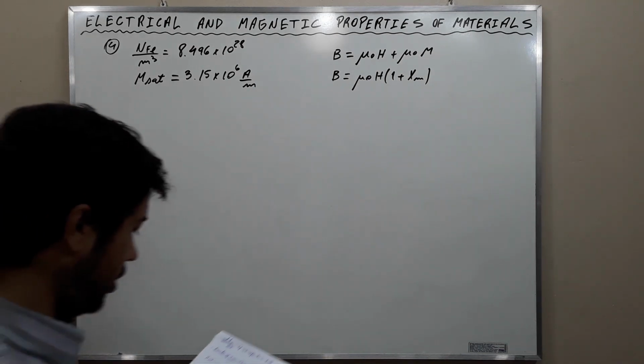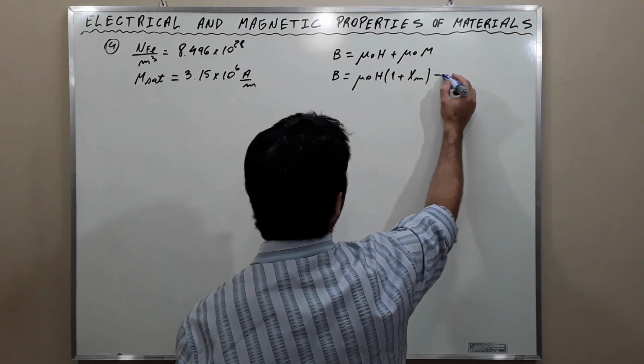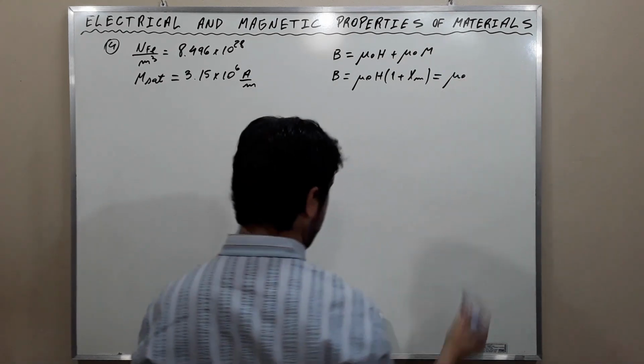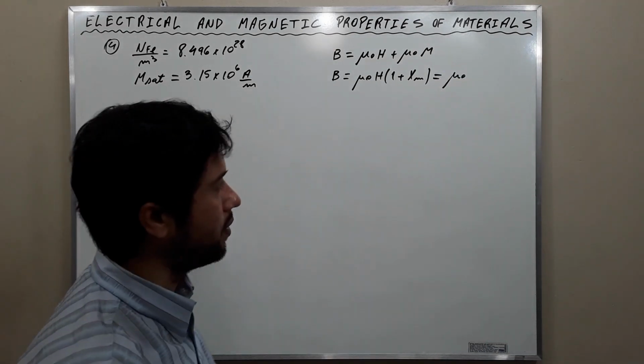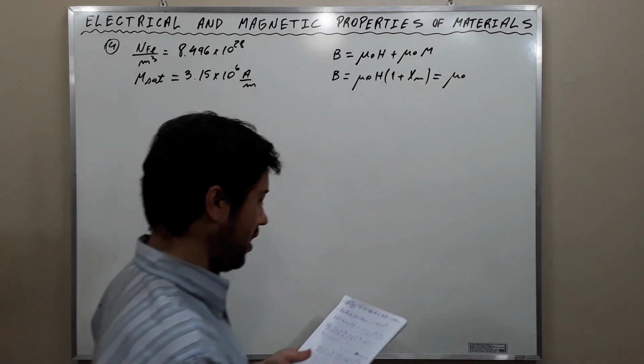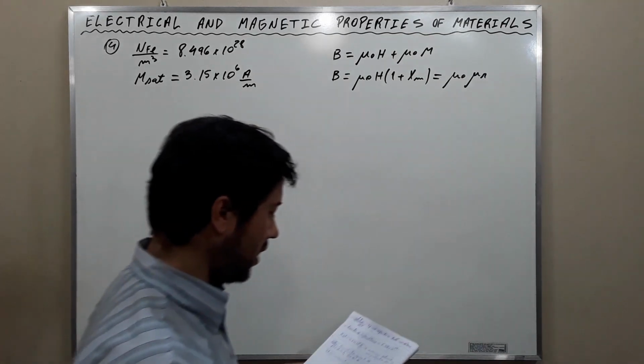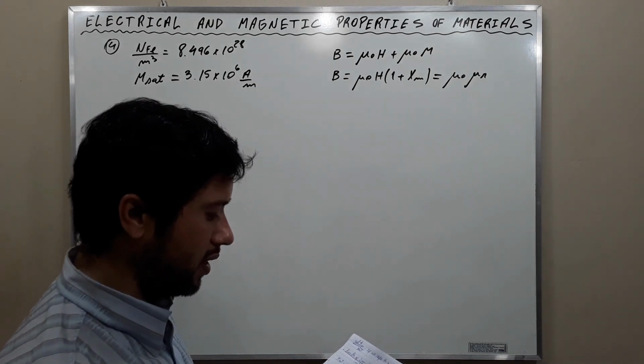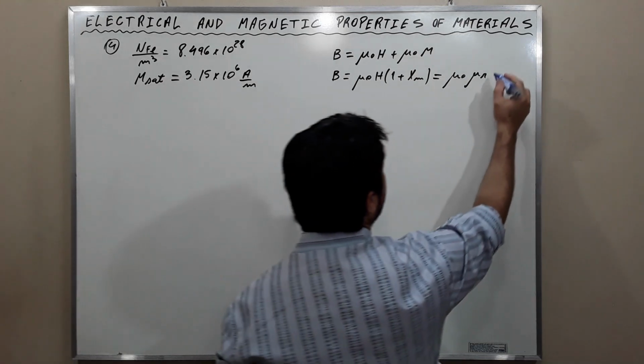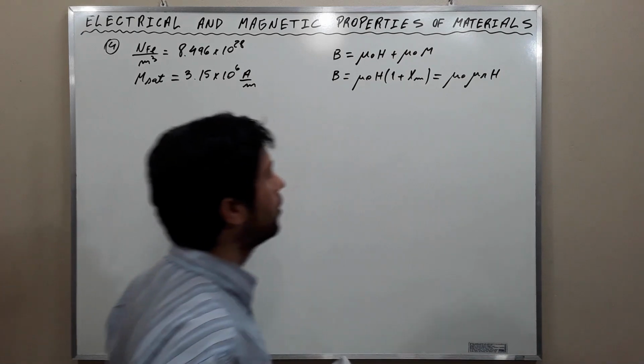Which is equal to the permeability of free space times the relative permeability of the material times the magnetic field intensity, H. Alright?